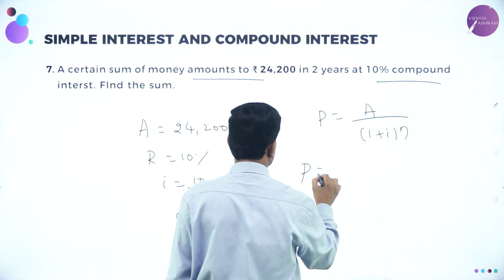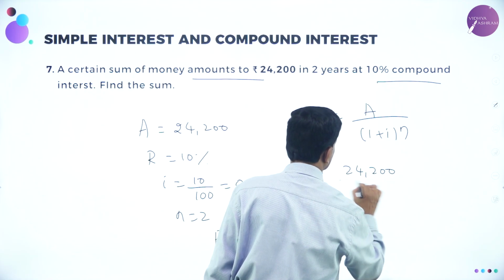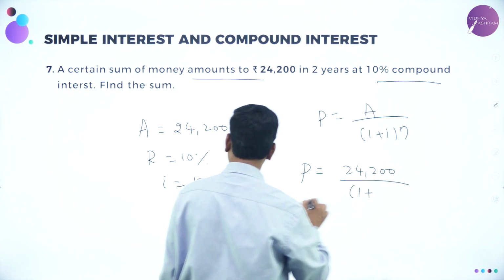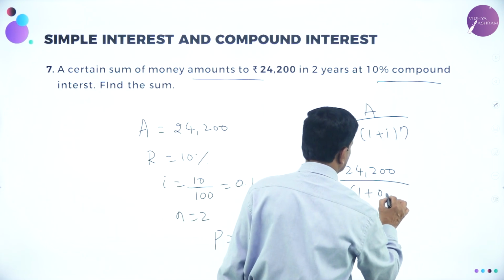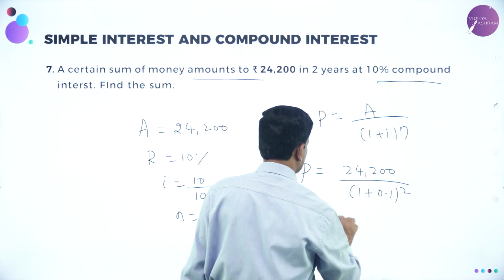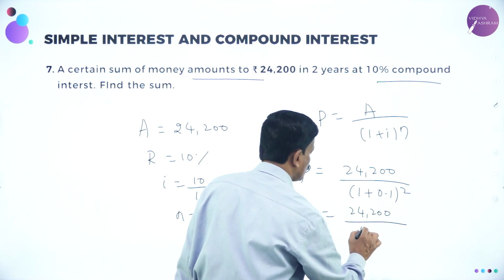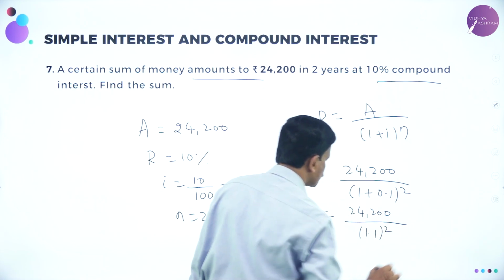So principal is equal to amount, 24,200, divided by 1 plus what is I? I is 0.1, to the power of n. n is equal to 2 years. So this is 24,200 divided by 1 plus 0.1, which is 1.1, whole square.